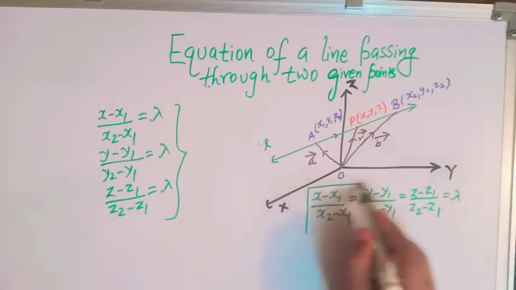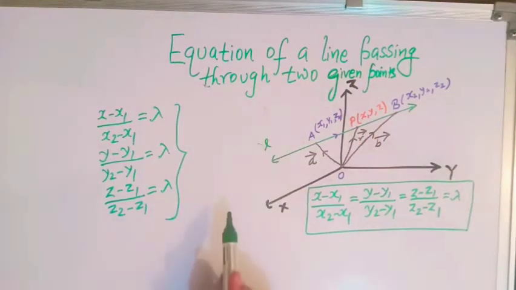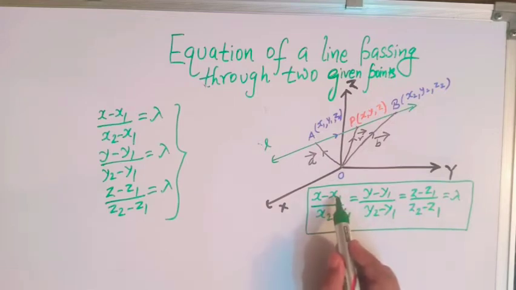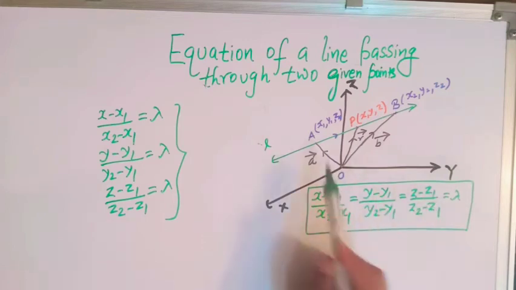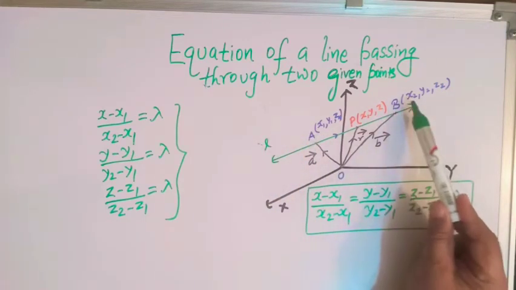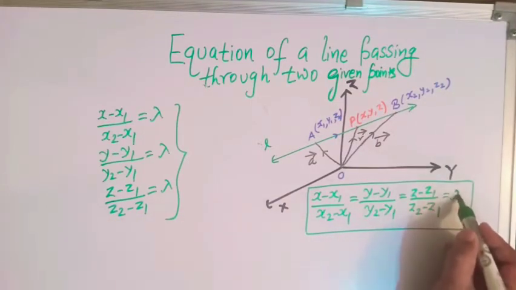So this is the equation of a line passing through two given points, and here the first point A is x1 y1 z1, and the point B is x2 y2 z2. And this lambda is a scalar.